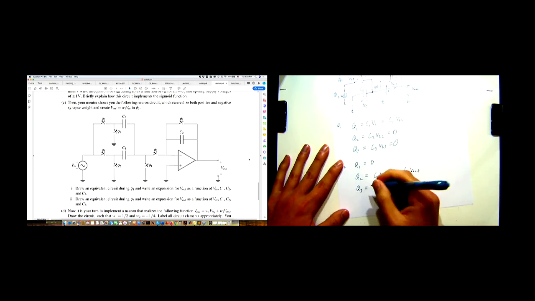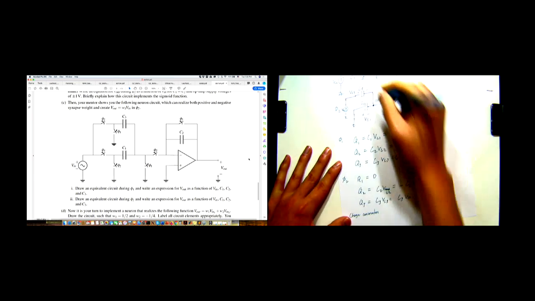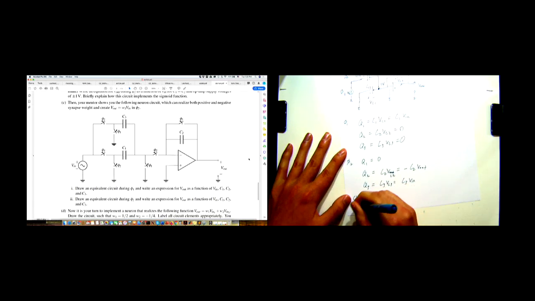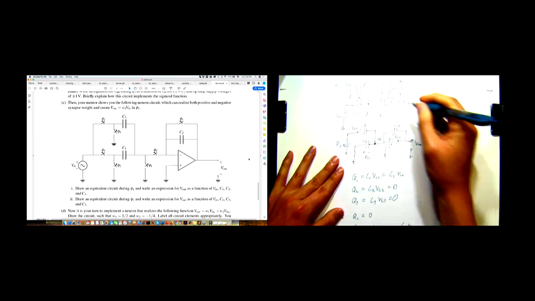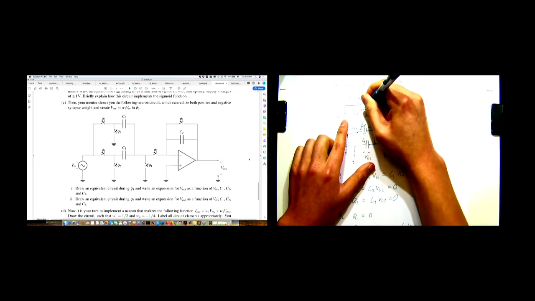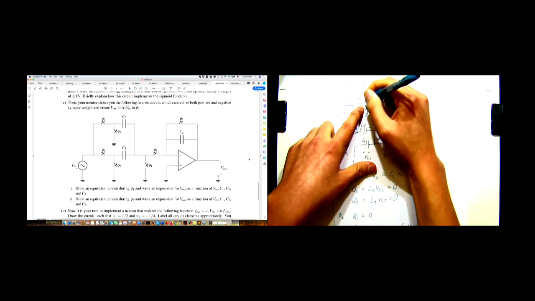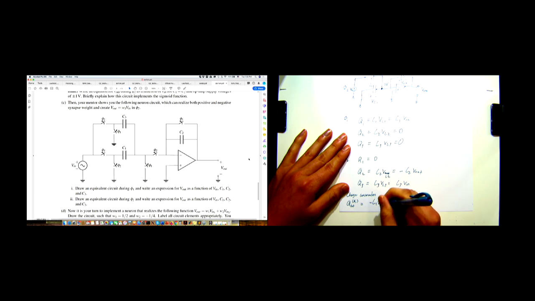Okay, so now we use charge conservation. We look at the floating node, and we find the total charge in phase 1 is equal to negative C1 times VC1 here, and no charge on C3 and no charge on C2. So the total charge at the floating node is negative C1 V in.